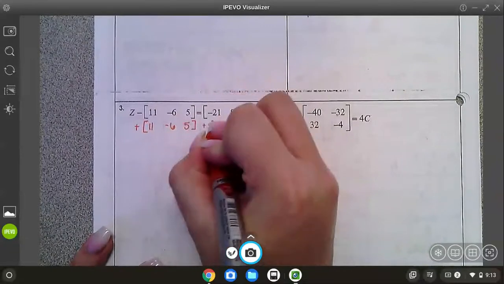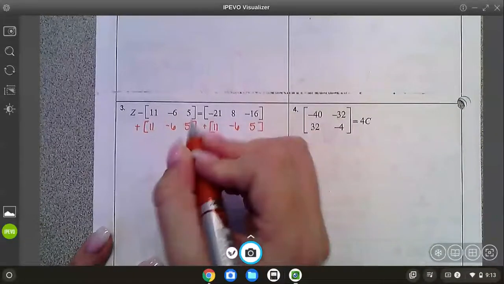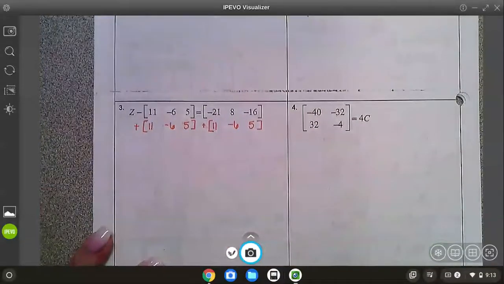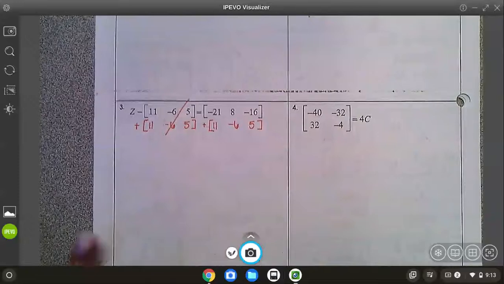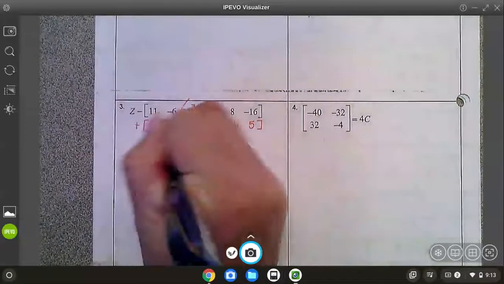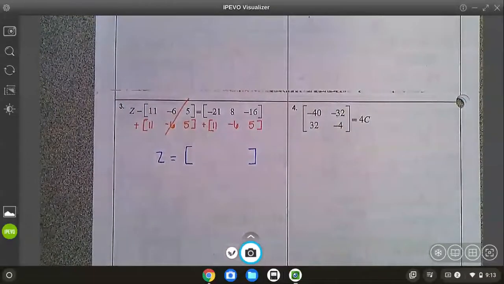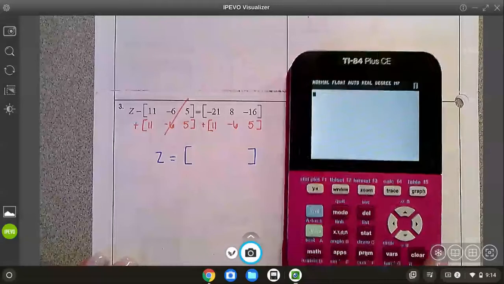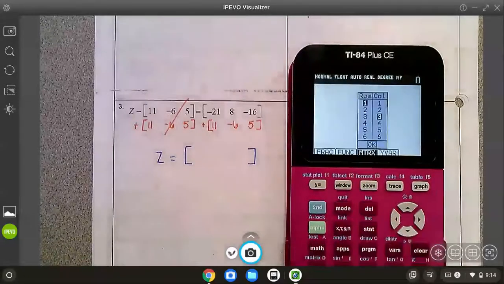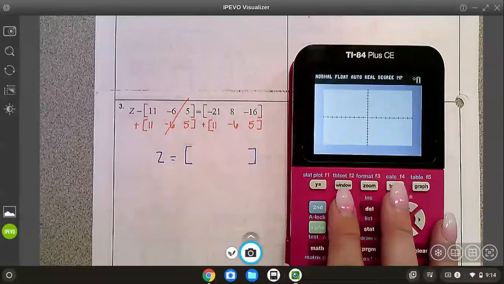Oh no. So when I add, these two cancel, those on the left, leaving me with z equals... oops.